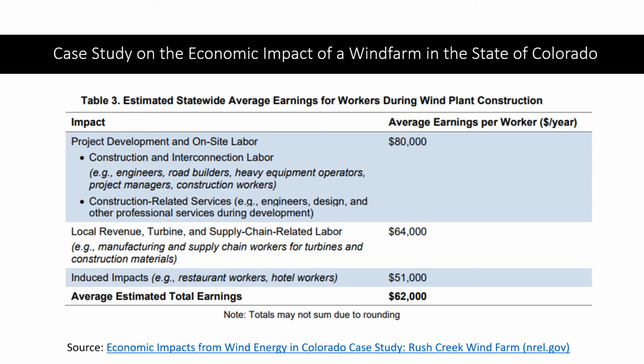Let's take a look at the economic impacts for the people that were or are working at the specific wind farm. This wind farm created jobs that are paid on average a salary of upwards of $50,000. So the building of a wind farm has demonstrated a positive impact on the state's economy. So who wouldn't want to be an engineer, earning $80,000 a year and making the world a better, more sustainable place?